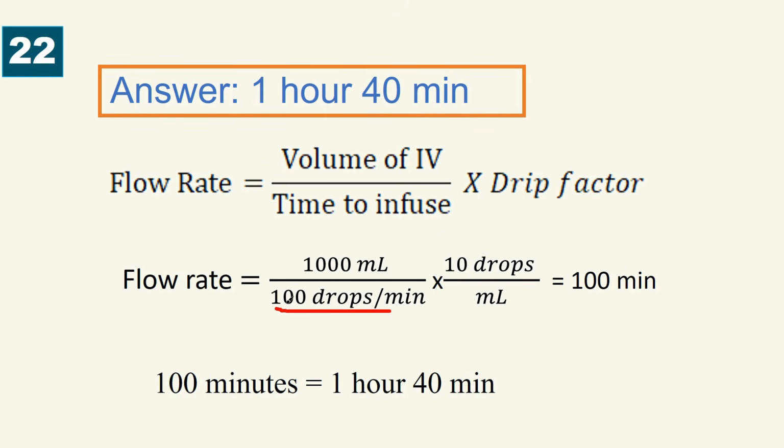So if you do that, there are 2 zeros, and then drops cancel drops, and mils cancel mils. So your only remaining is 100 minutes. So 100 minutes equals 1 hour 40 minutes, which is 100 divided by 60, that gives you 1.4.